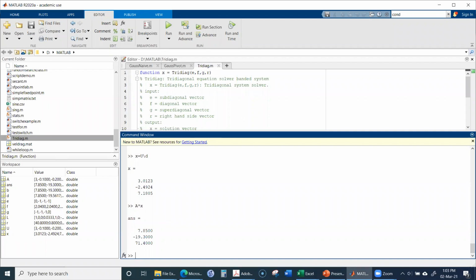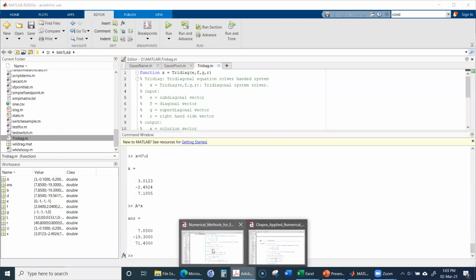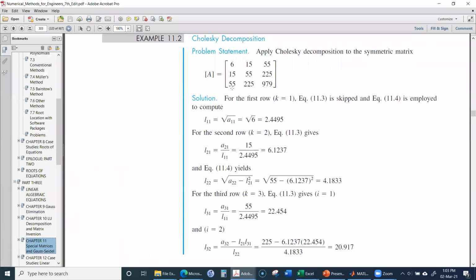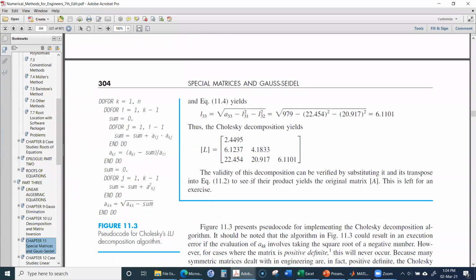Remember that in this example we found the coefficients for the lower triangular matrix.